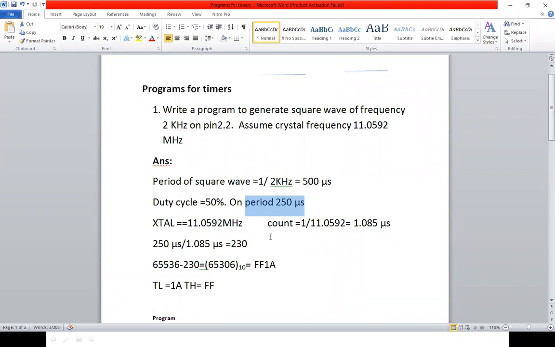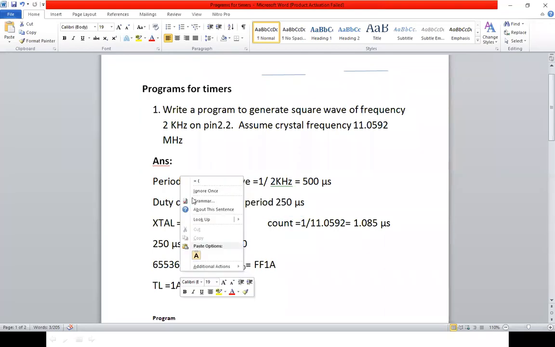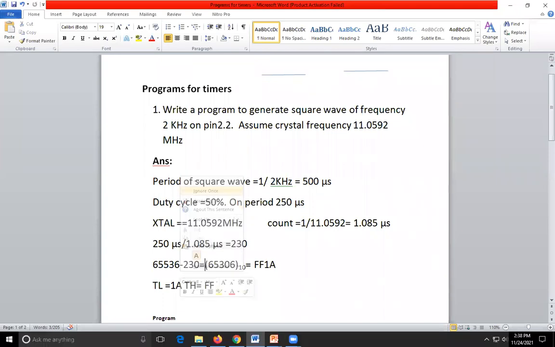Please check on the net or anywhere and find out the answer. Remember this, and after that you will get the value 65,306.